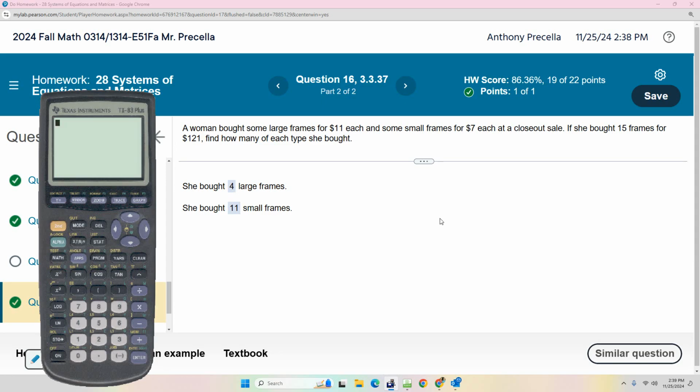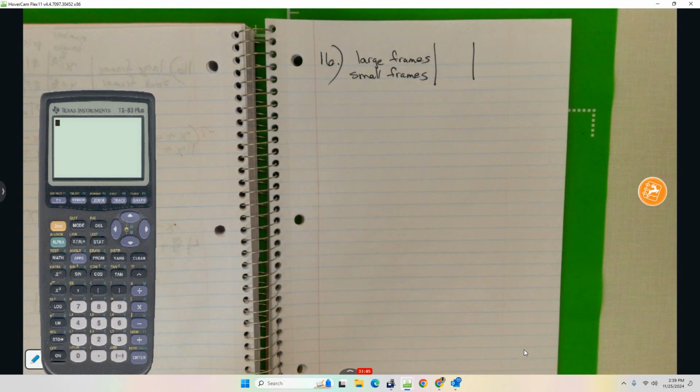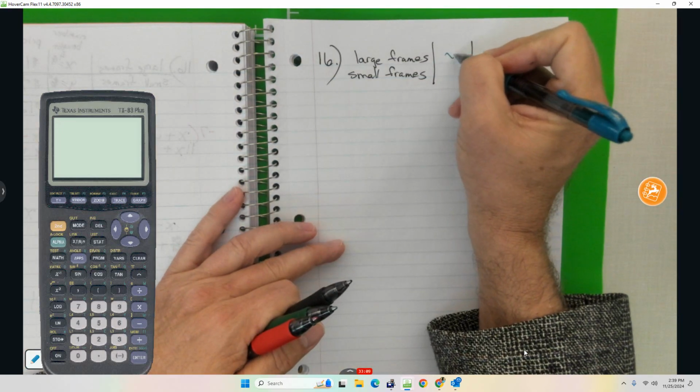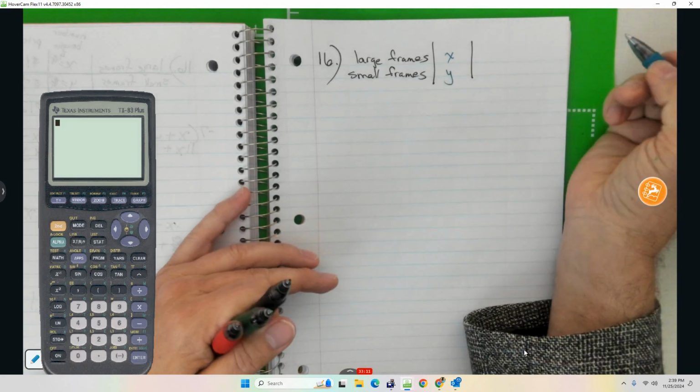We had large frames and small frames. Okay, wait a minute. So we said large frames, we had X of those, Y small frames.